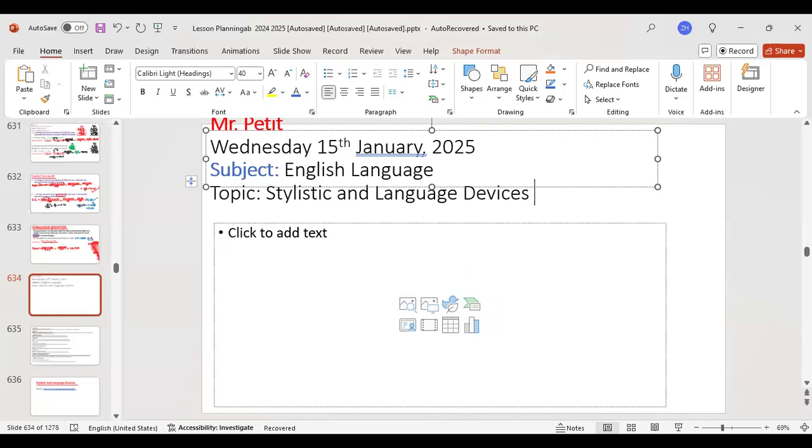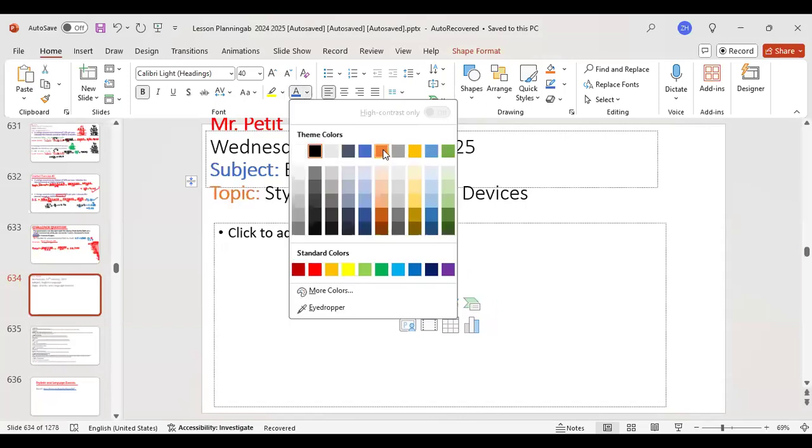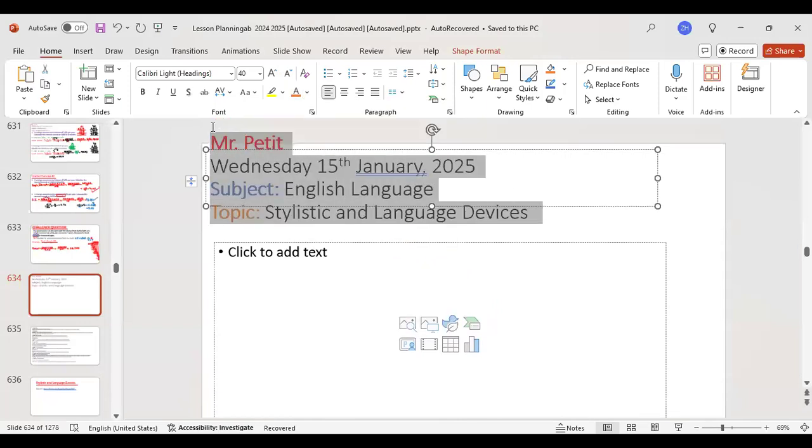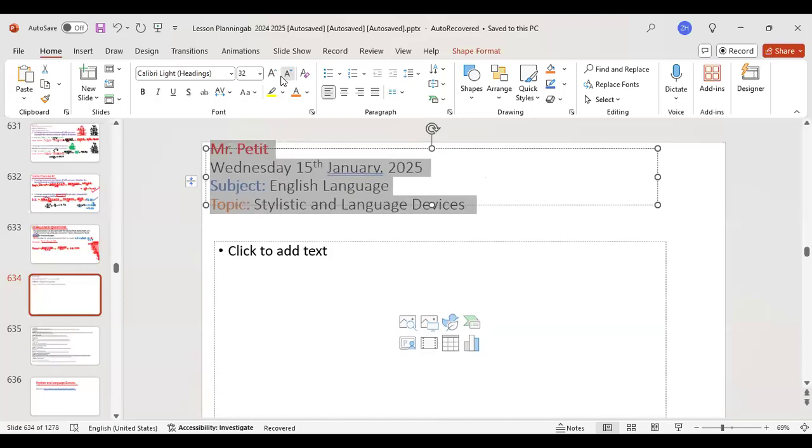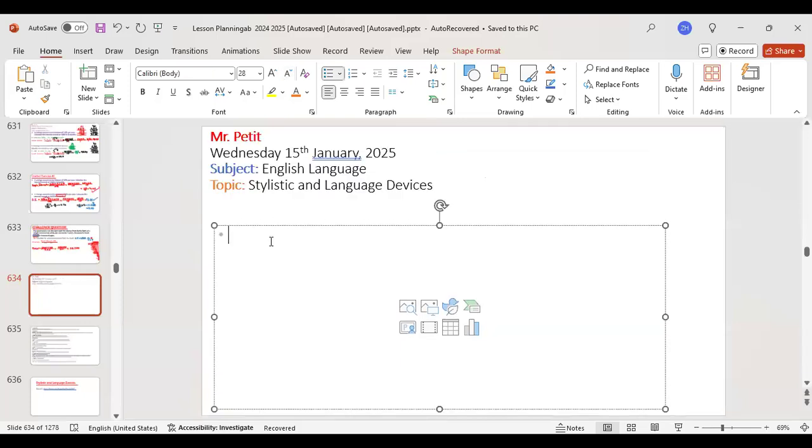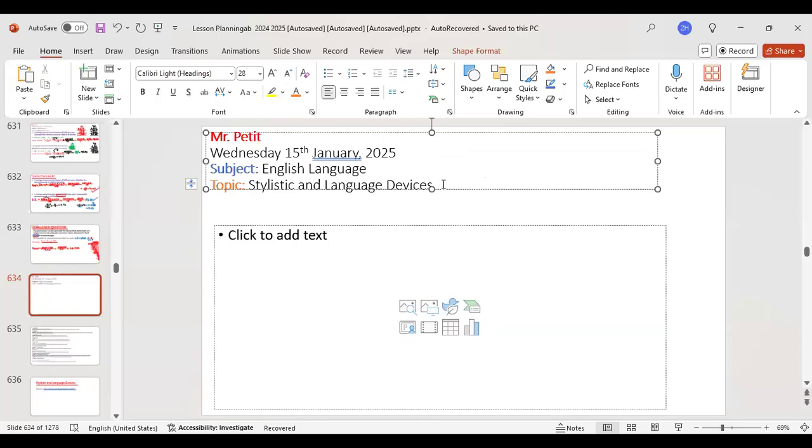I know. All right, that's what we're gonna be looking at: stylistic and language devices, and let me add, and their effect. That's very important.